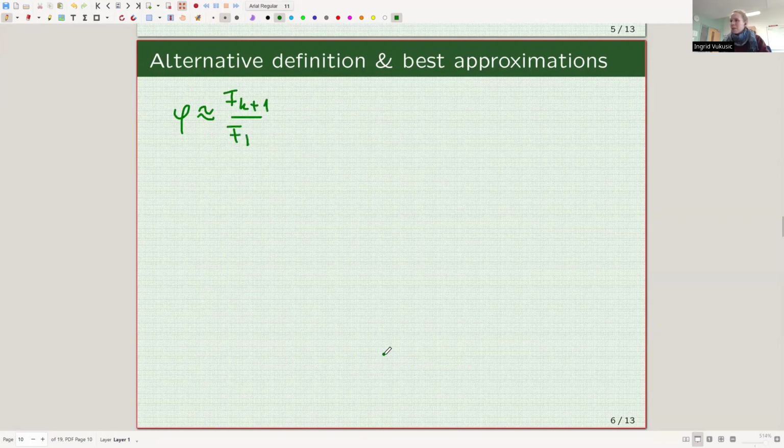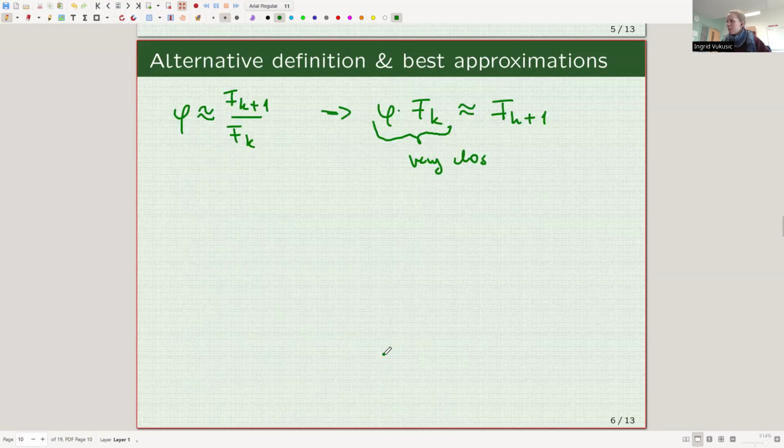And if the Fibonacci numbers get very large, this is an extremely good approximation. In other words, if we multiply the golden ratio by f_k, we get roughly f_{k+1}, and more generally, we get very close to an integer. So phi times f_k is very close to an integer.